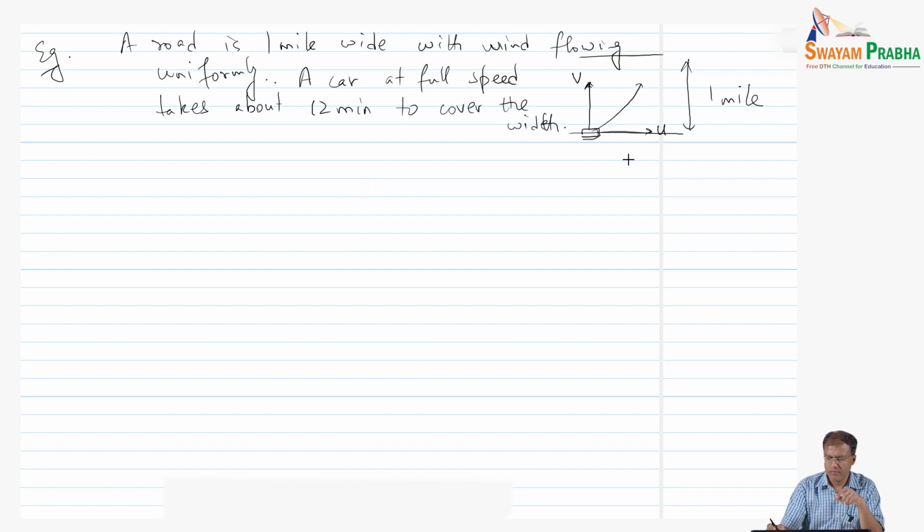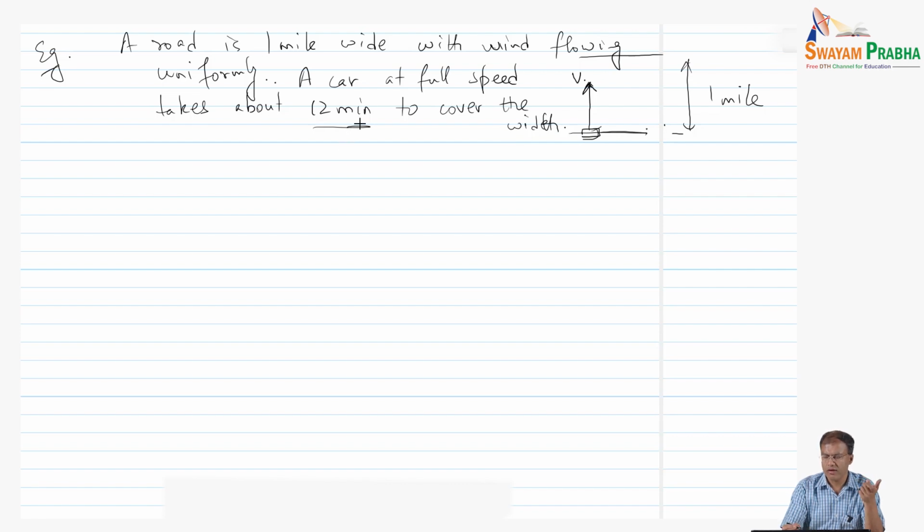So let us now try to draw a more accurate figure here. So we have a wind which has a velocity v, and the car can take 12 minutes to cover the width of the road, which is 1 mile, or 12 minutes times 5 is 60 minutes.